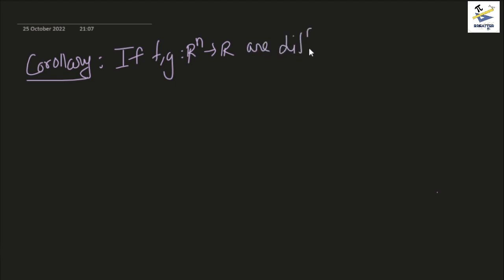Let me write down a corollary first. So if f and g are functions from R to the power n to the real numbers and are differentiable at some a belonging to R to the power n, then the following also hold.